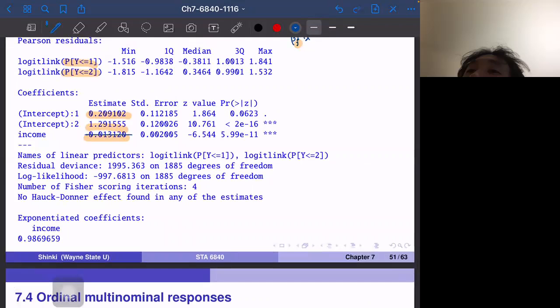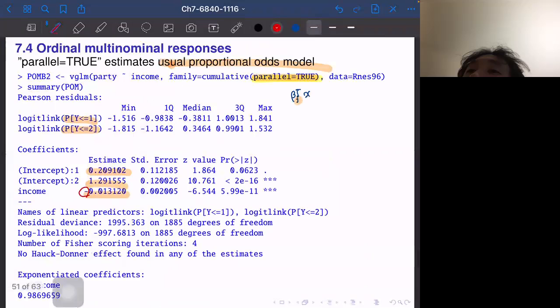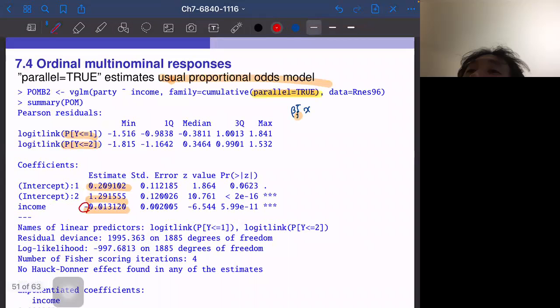The sign has actually changed, because in the VGLM function, g of gamma j is equal to theta j plus beta transpose x.